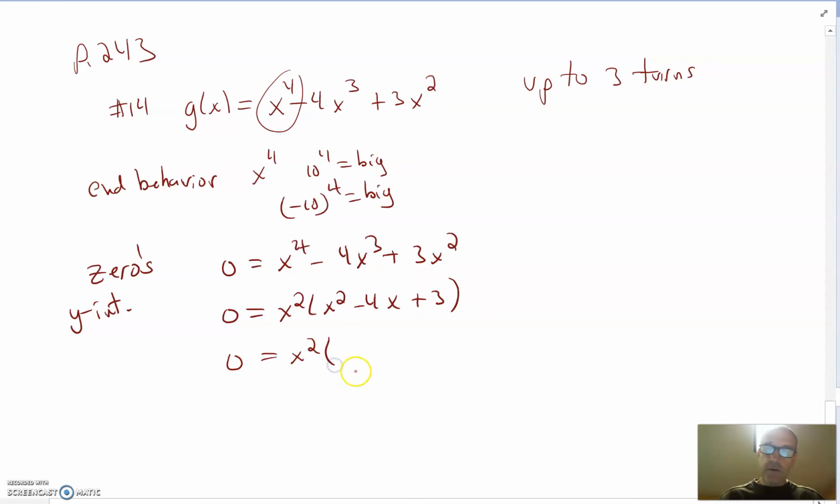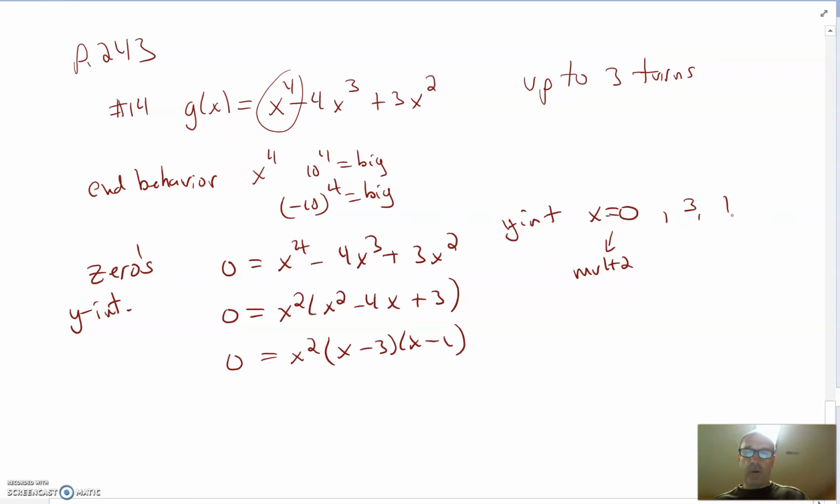Then it looks like we can factor this quadratic: (x minus 3)(x minus 1). What do you think? So here are the zeros. x equals 0, that comes from the x squared, and that's multiplicity 2. x equals 3 and 1 both have multiplicity 1. I'll show you how that impacts the graph.